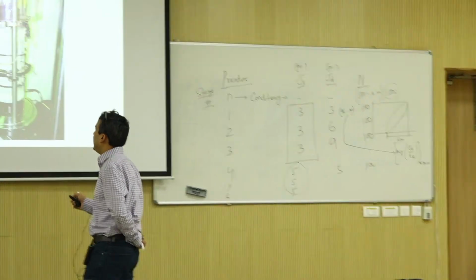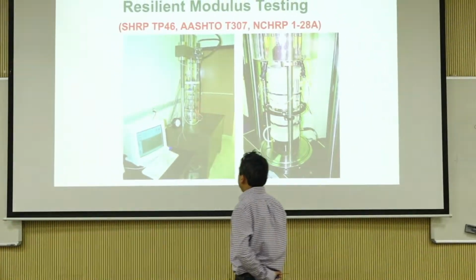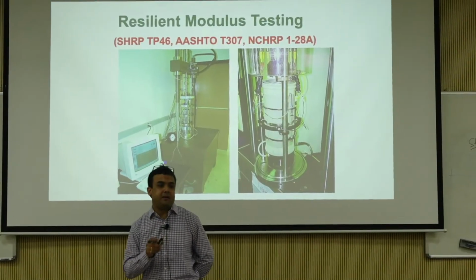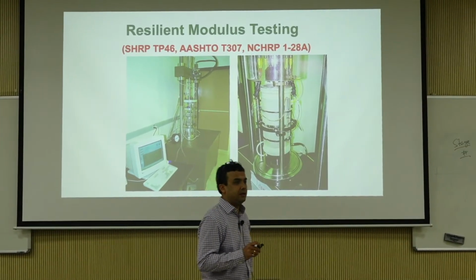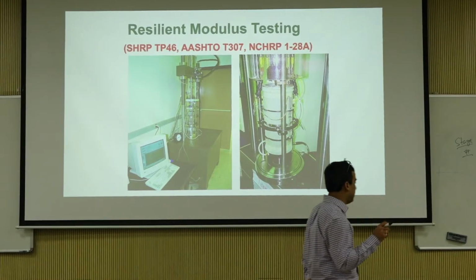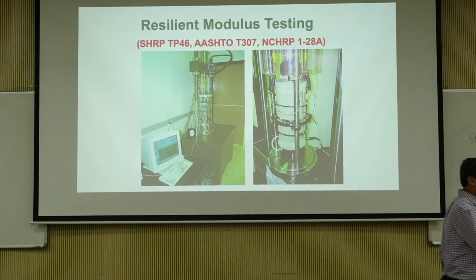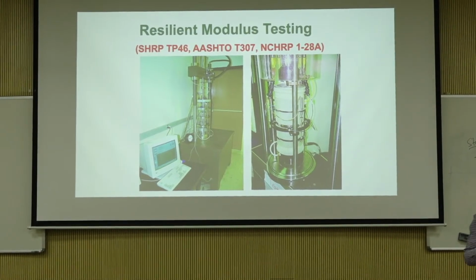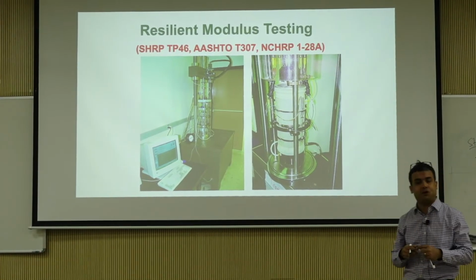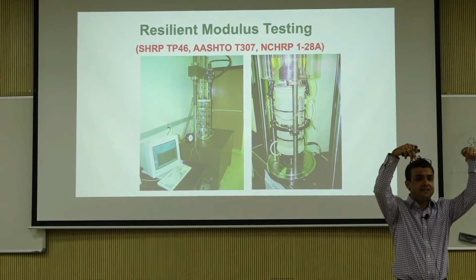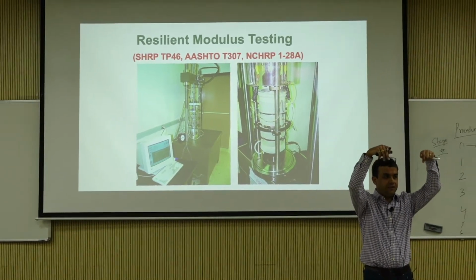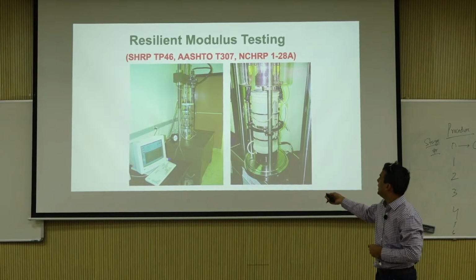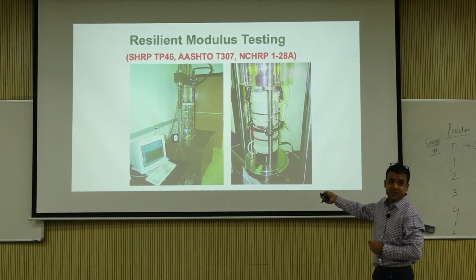And test setups, traditionally, when systems were developed, and I think that's true even for the system that you still have, the external LVDT, right? Yeah. The simplified one I have is also external LVDT. Your LVDTs are outside on the system. It's not mounted directly on the specimen like this.